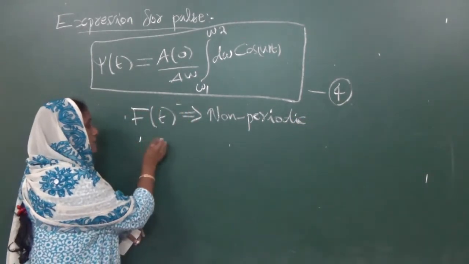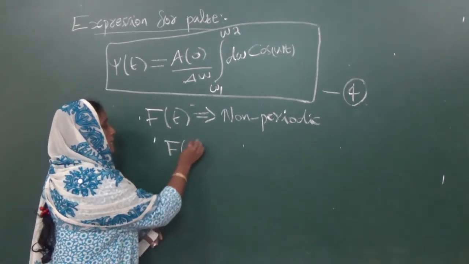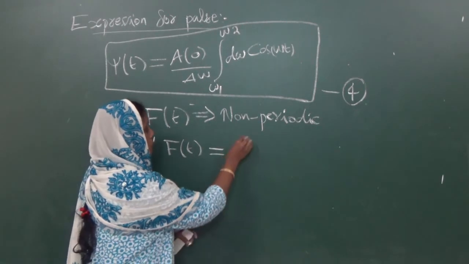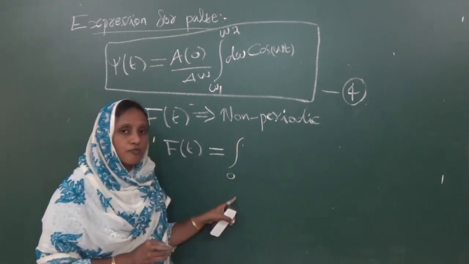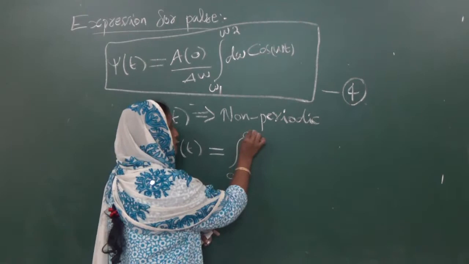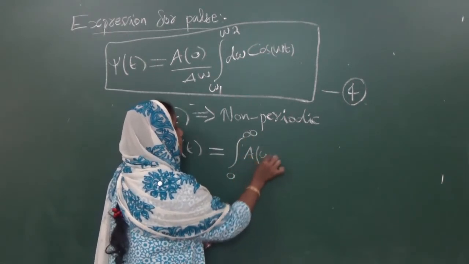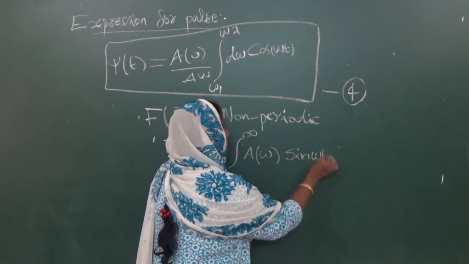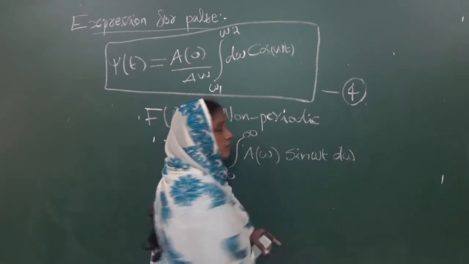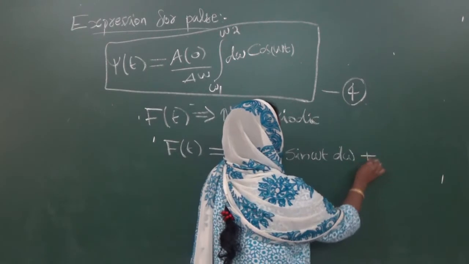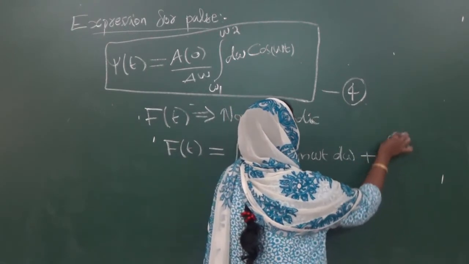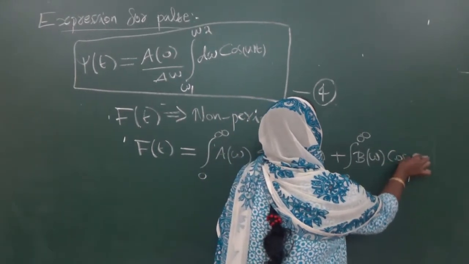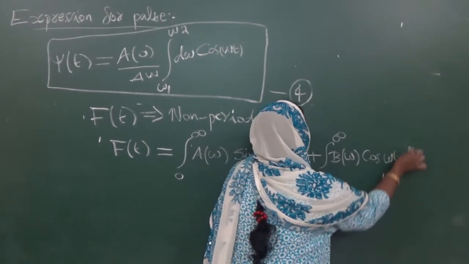That means this f of t can be expressed as a continuous superposition. So, integration from 0 to infinity a of omega sin omega t d omega plus integral 0 to infinity b of omega cos omega t d omega.